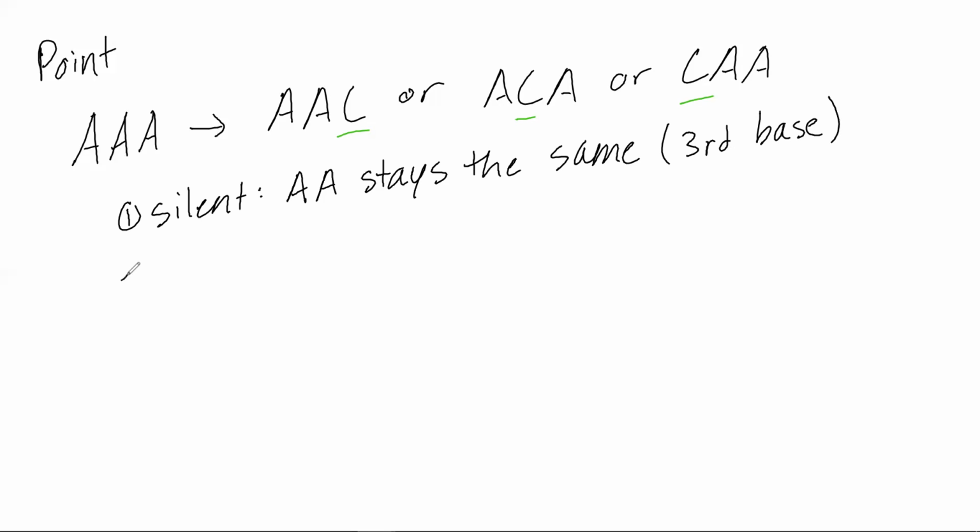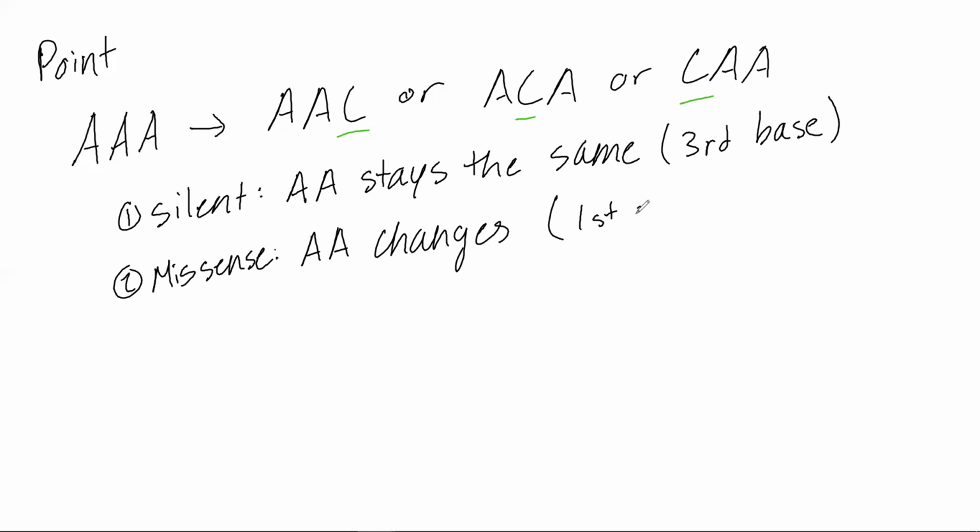The second type of mutation is a missense mutation, right? Where the amino acid changes. This typically happens in the first or second base, but typically happens in the second. Your third type of mutation is a nonsense mutation. A nonsense mutation just says stop.